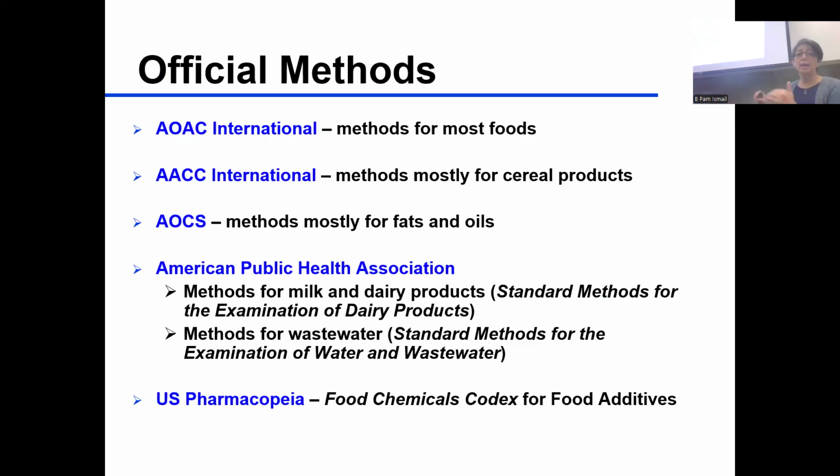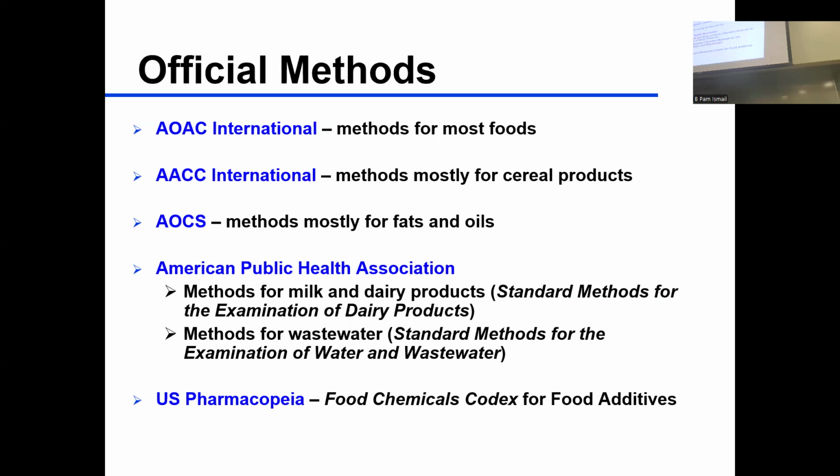And then AACCI, which is now under the organization called Cereals and Grains. But the methods of analysis are put together under American Association of Cereal Chemists International. So these are mostly for cereal products.